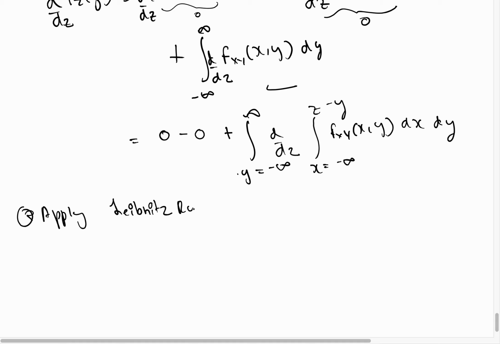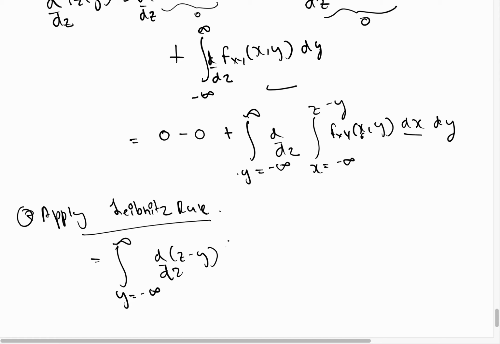Now we need to apply Leibniz rule for the second time. It's very simple. y equal to minus infinity to plus infinity, d by dz of the upper limit z minus y, and replace the variable of integration x by the upper limit, that is f_XY(z minus y, y), minus d by dz of minus infinity, the lower limit, f_XY(minus infinity, y).